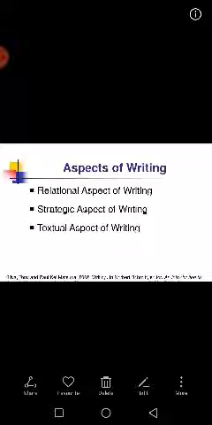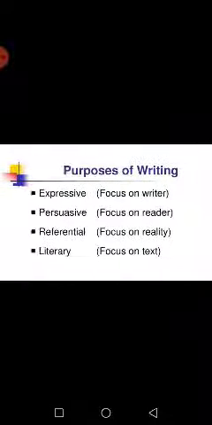The last one, textual aspects, from its name, requires a text to depend on, in order to reflect our identity and other issues that we want to focus on. So these are the aspects of writing.